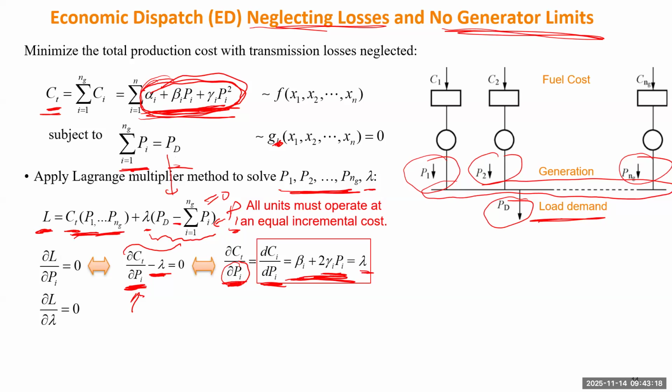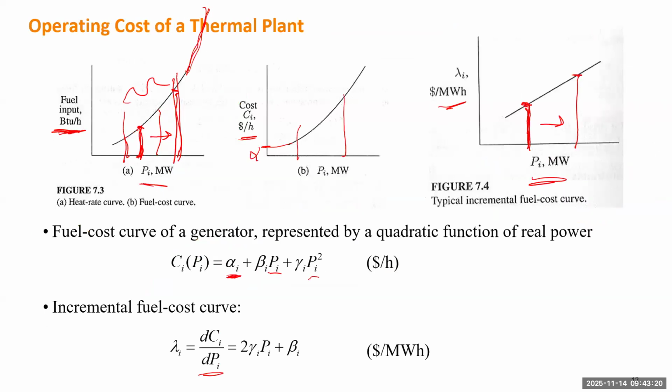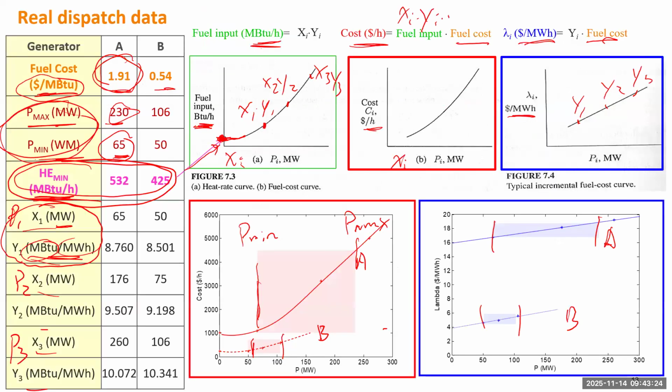From the original incremental cost curve, right? Go back to, for example, this example. This is how each curve shows how lambda changes with Pi. This is also lambda changing with Pi. So two units will have two different lambda, and lambda is a function of P. So when you increase P, lambda will increase.